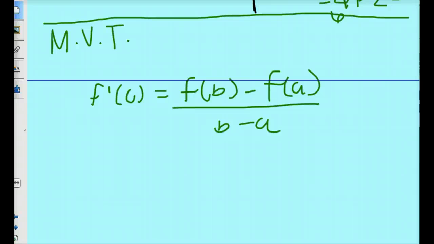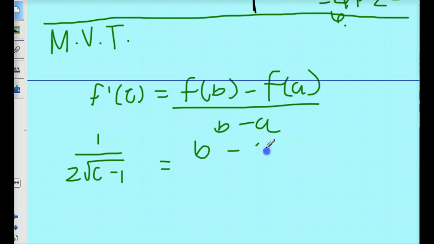So I'm going to plug in our derivative, 1 over 2 radical x, but instead of an x, I'm going to put c since it tells me to plug in a c, minus 1 is equal to f of b, which we actually found above was 6, and f of a we also found was 4. And our b minus a would be 5 minus 1.